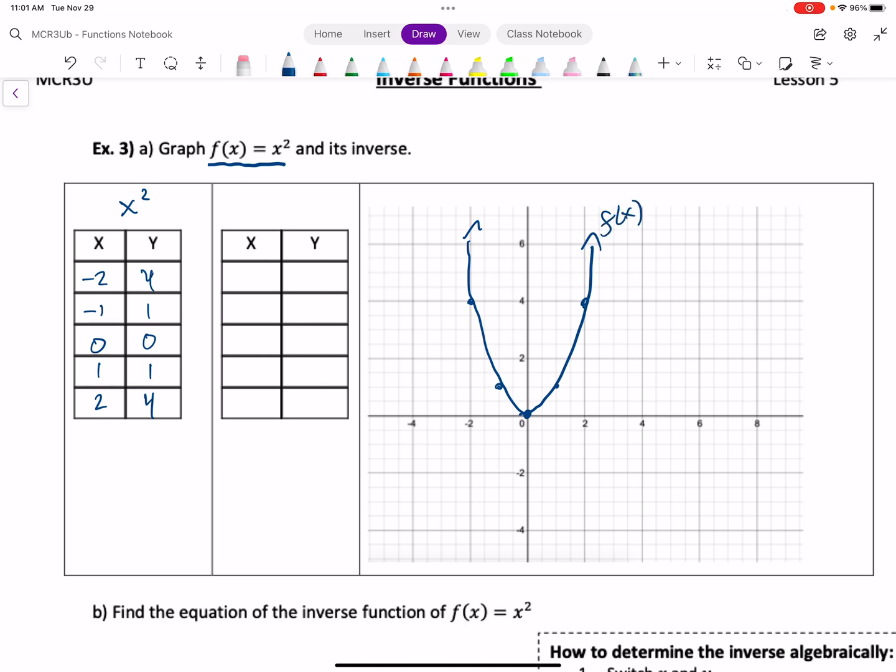So the inverse of this, so I'm going to take the inverse, I'm going to switch all of these. So again, that process is nice and easy. Now, I want you to graph it. Let me just fix this here. Graph it and see what you think about what it looks like.